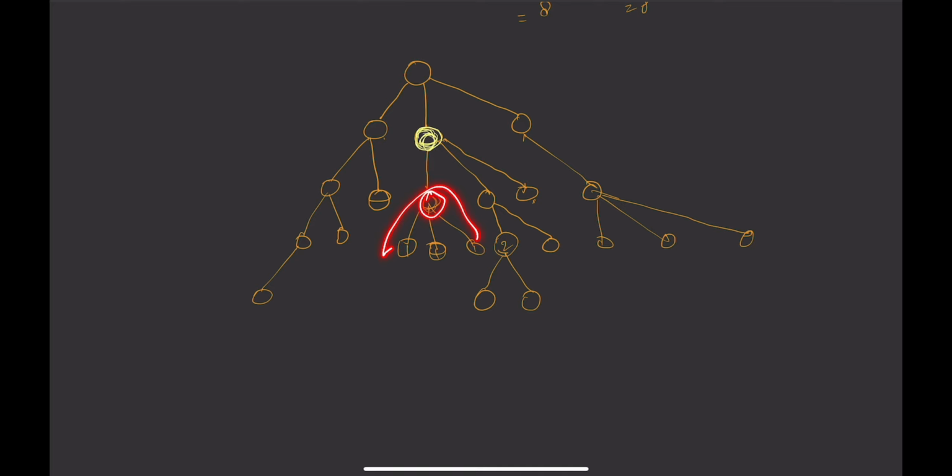So DP of V will increment by the DP of U, where DP of U will be the depth sum, right? But let's suppose I got this value for this subtree. How will you get this for the upper subtree?